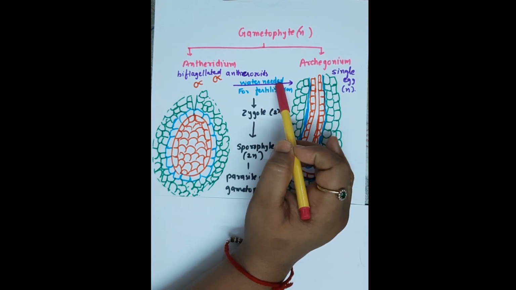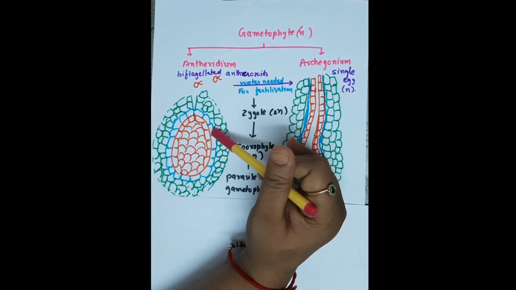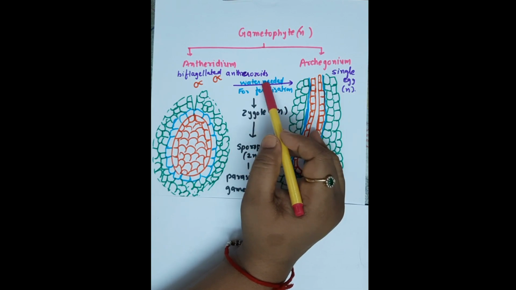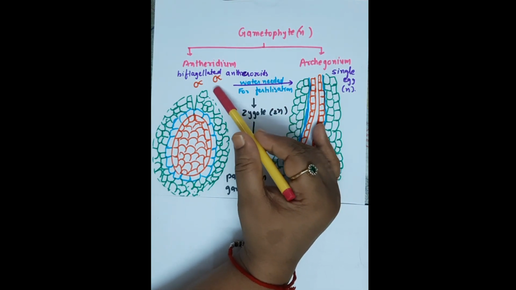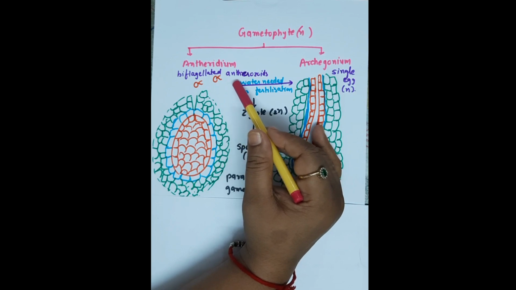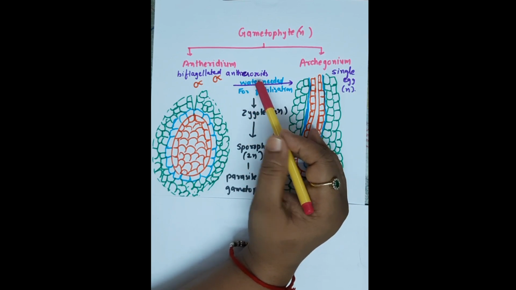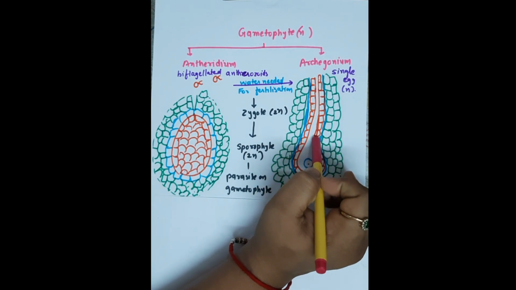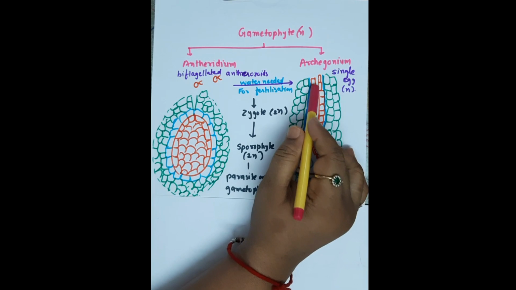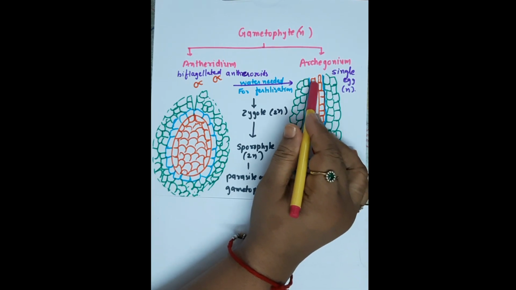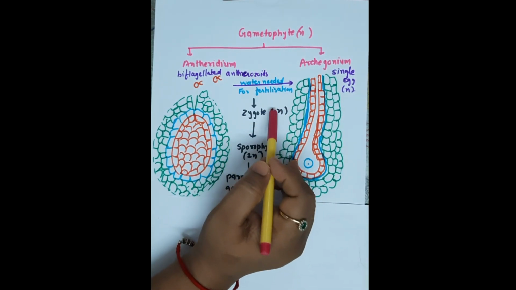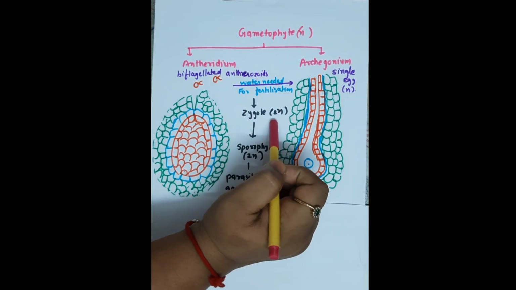Most important, although these plants are terrestrial, living on soil, water is needed for fertilization. So the anthrozoids move with the help of water and enter the archegonium, which is flask shaped. When fertilization occurs, the zygote is formed.